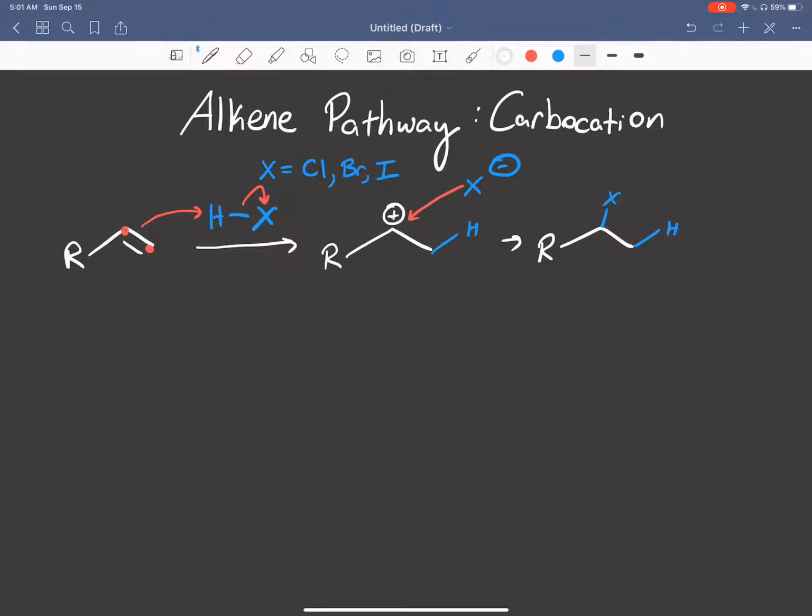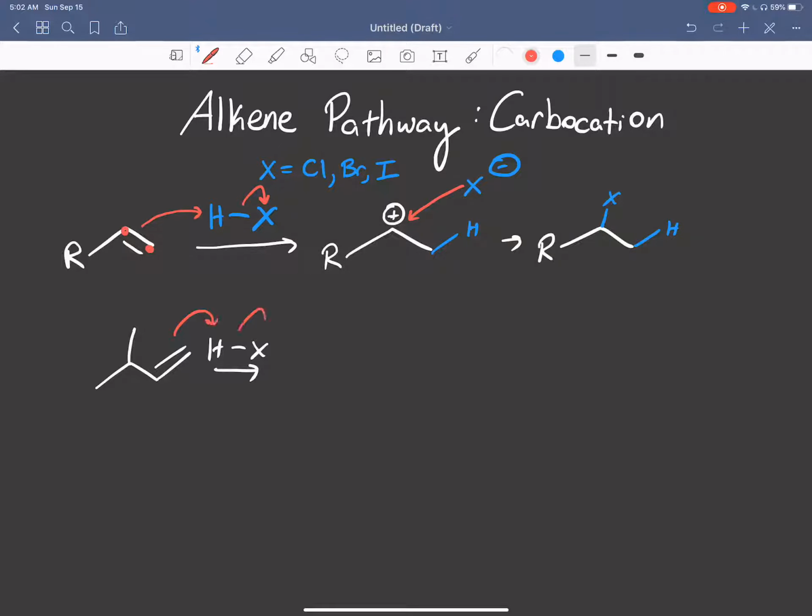Let's show you an example of where we can shift. I'm going to draw this structure here, reacting with HX. Our first arrow is the same.